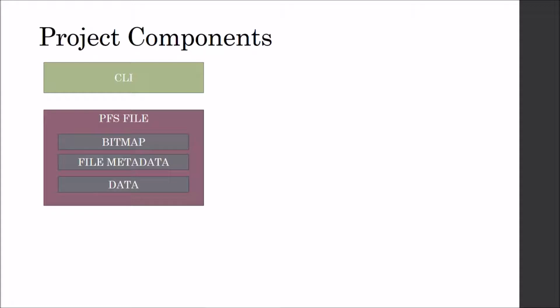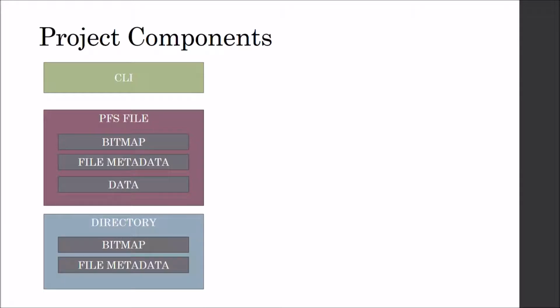The next component is the actual PFS file, which is the simulation of the disk. In it, we have formatted blocks that contain the bitmap, the file metadata, which are our file control blocks, and the actual data. Furthermore, we have a directory, which resides in the program itself, in memory.